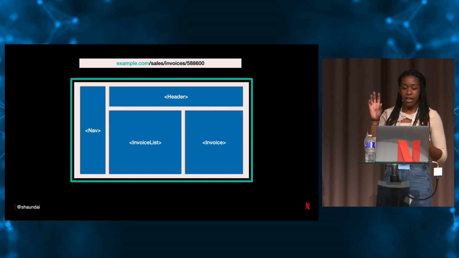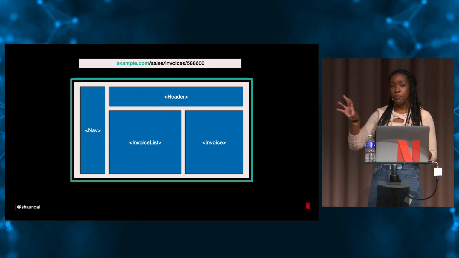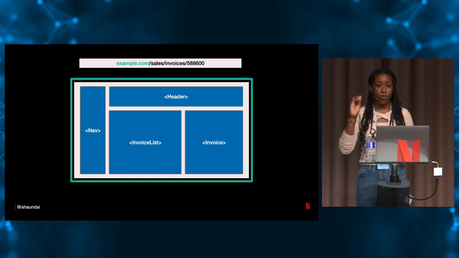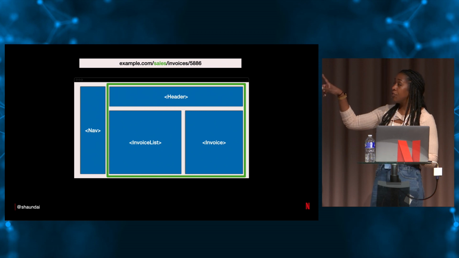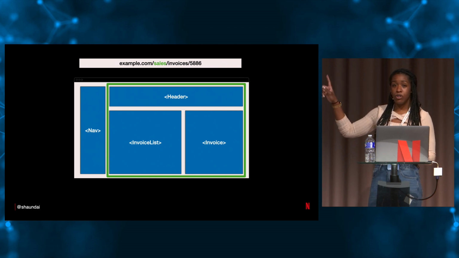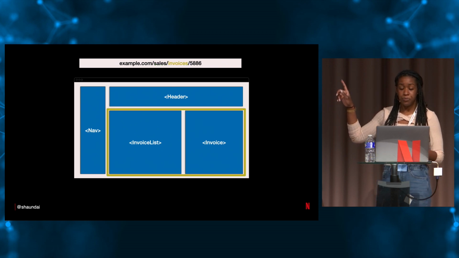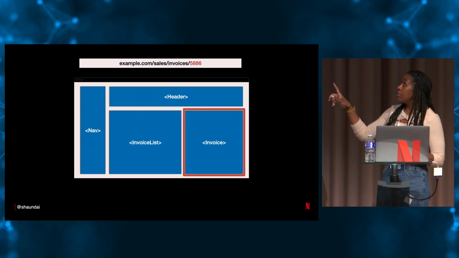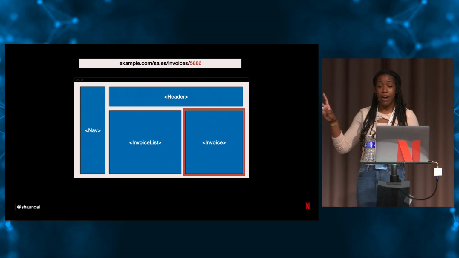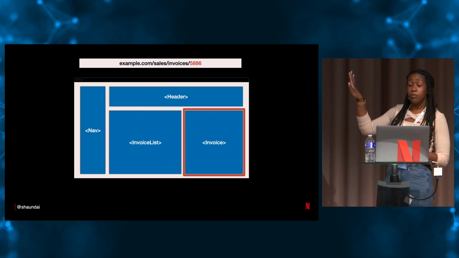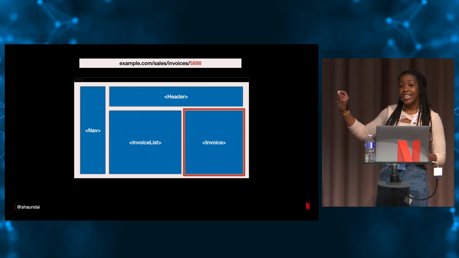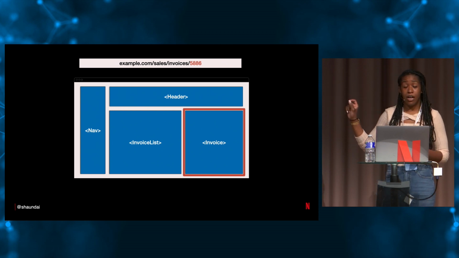The way that Remix is structured is that each component is coupled with a part of the route. And watch how the highlighting of each component changes with the color of the URL that it corresponds to. So each component is coupled with a route. Each route has its own fetching logic. And Remix can tell, just from looking at the route, what data needs to be fetched. And that can be done all in parallel.